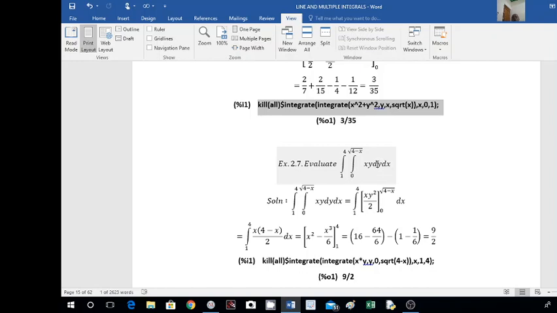First integration with respect to y, then integration with respect to x. Y ranges from 0 to root of 4 minus x. X ranges from 1 to 4.